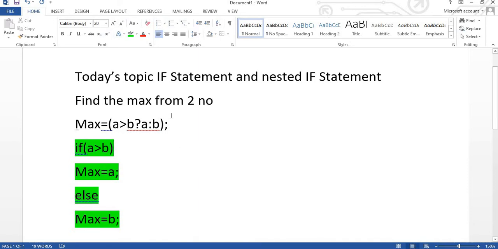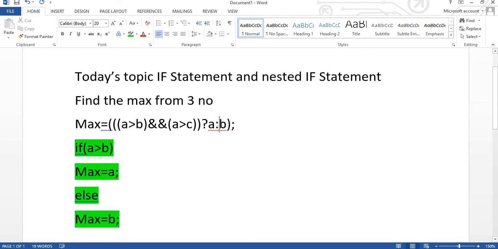Find the maximum among 3 numbers. Among 3, what will happen? You do one thing, you just give one more condition over here, with the AND, a greater than c. So if this is true, then for a we need to check again.